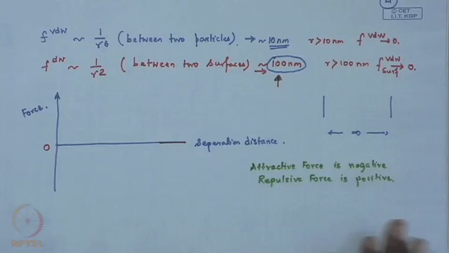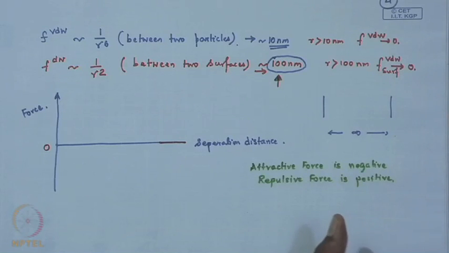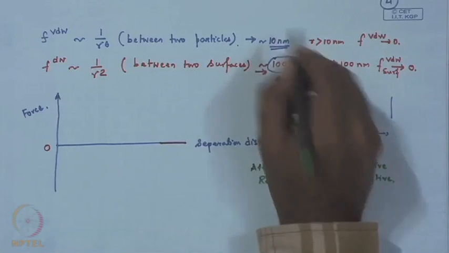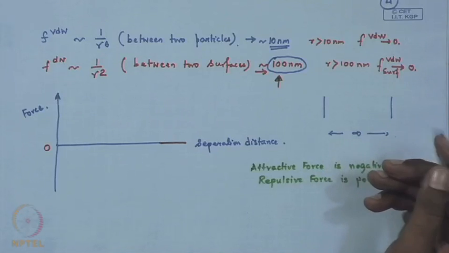So, this potential curve can be generated for two atoms or two particles or two surfaces, whatever you want. Roughly the generic nature will be the same. The only thing is that the curvatures and the distances will change. So, if you are talking about, let us say, two particles, which is easier to understand, at infinite separation distance apart there is no interaction.